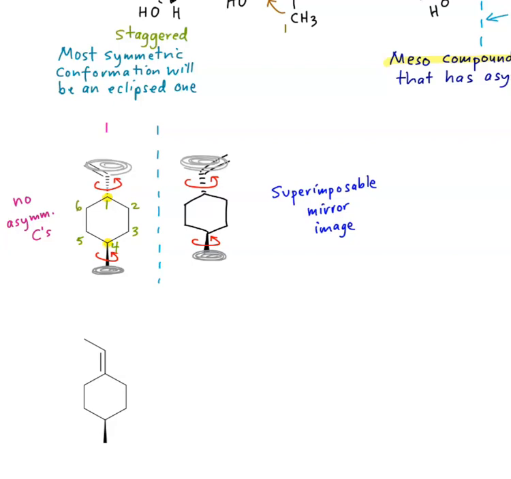So I'll just draw this on the original molecule. There's a symmetry plane that cuts the molecule in half and reflects the left side into the right side. Remember, we can cut groups in half and reflect the left half of the group into the right side. So there is a symmetry plane.